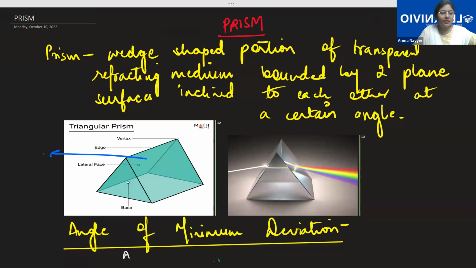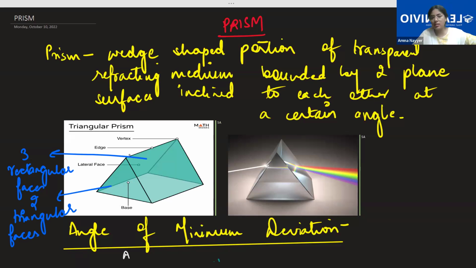So here three rectangular faces are present. And the leftover portion is formed by two triangles, present front and back like this. So here we have two triangular faces.